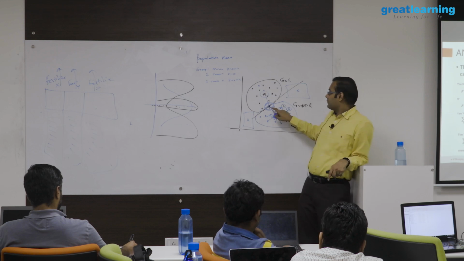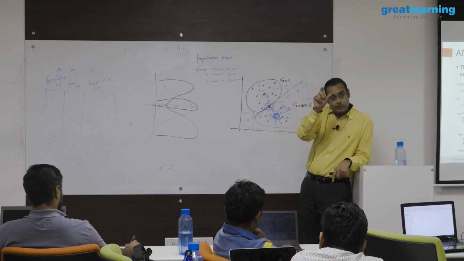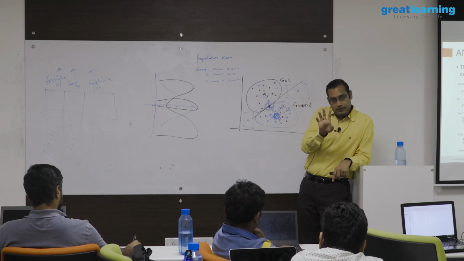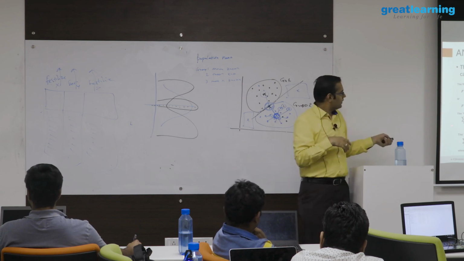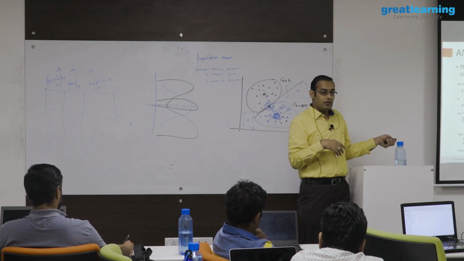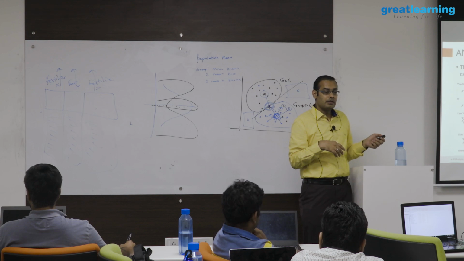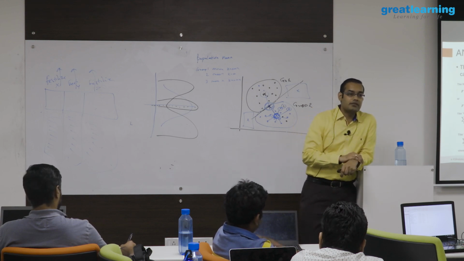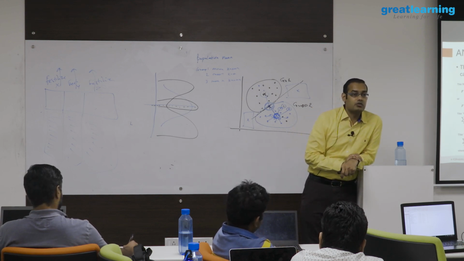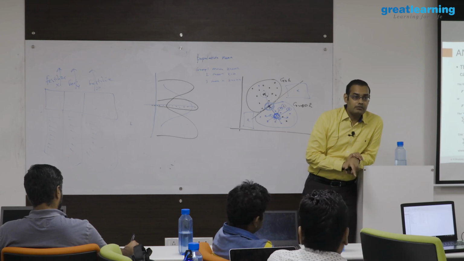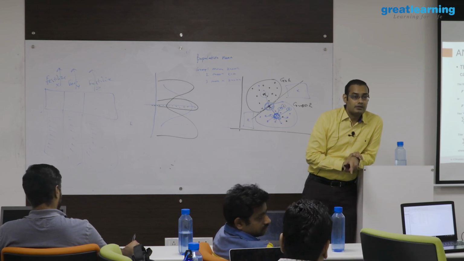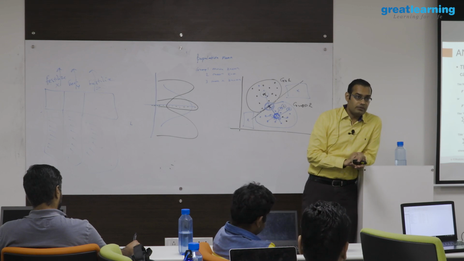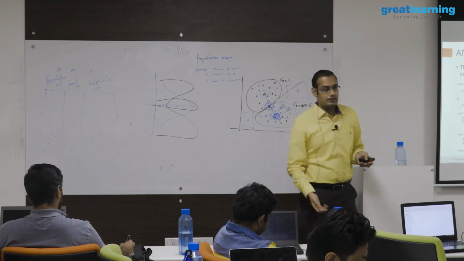What will you do? x minus x bar the whole square. In the numerator, you will take all 4. Are you going to eliminate any? No. But the formula for standard deviation is x minus x bar the whole square divided by n minus 1. So we do n minus 1, and here k minus 1.